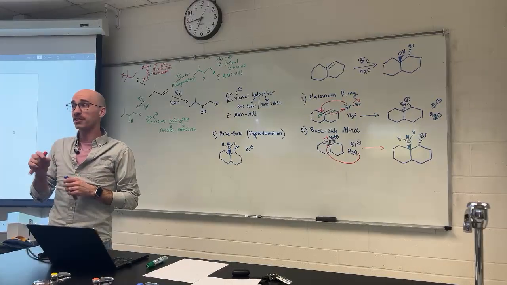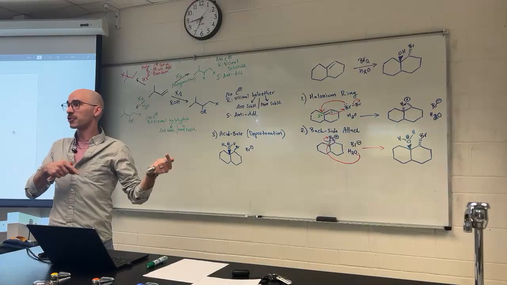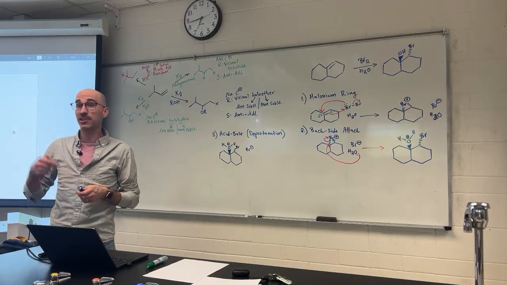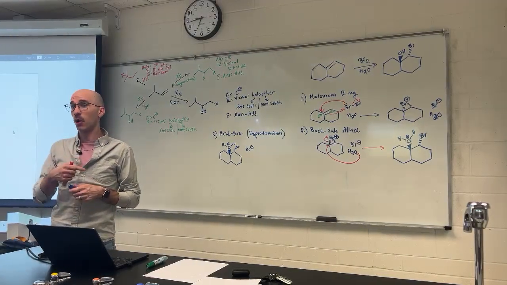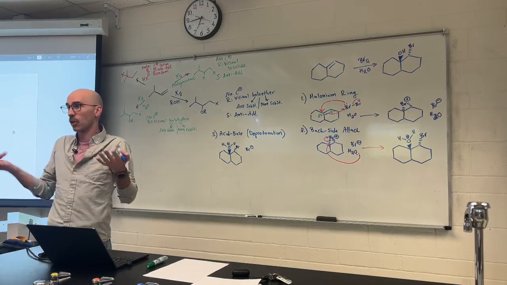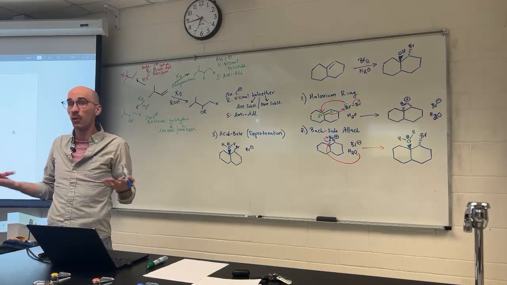So you could plausibly add another water molecule in here. Water is actually a better base than bromide. Where would that water come from? The solvent. Remember, we have a 1,000,000-fold excess.